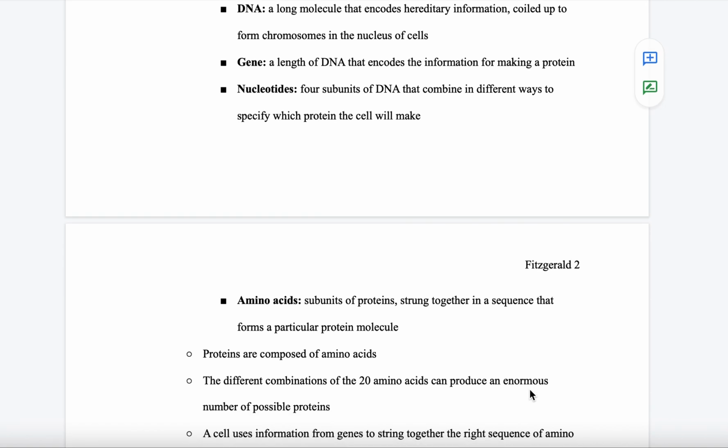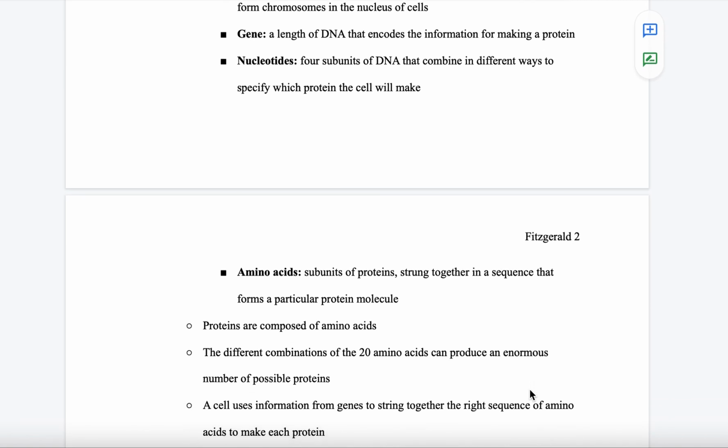A gene is a length of DNA that encodes the information for making a protein. Nucleotides are 4 subunits of DNA that combine in different ways to specify which protein the cell will make. There are 4 different nucleotides: adenine, thymine, cytosine, and guanine, often abbreviated to A, T, C, and G.